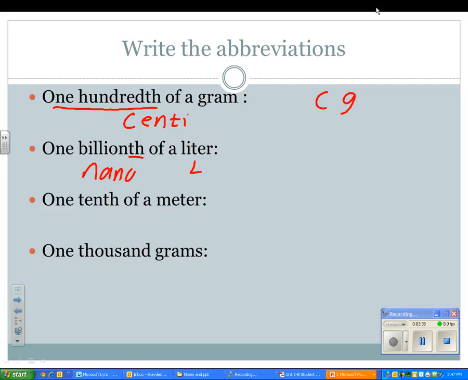Liter is L, so it's going to be in L, nanoliters. 1/10th is deci, and a meter is M, so it's a decimeter. And then 1,000 grams is kilo, grams is G, so kilograms is kg.